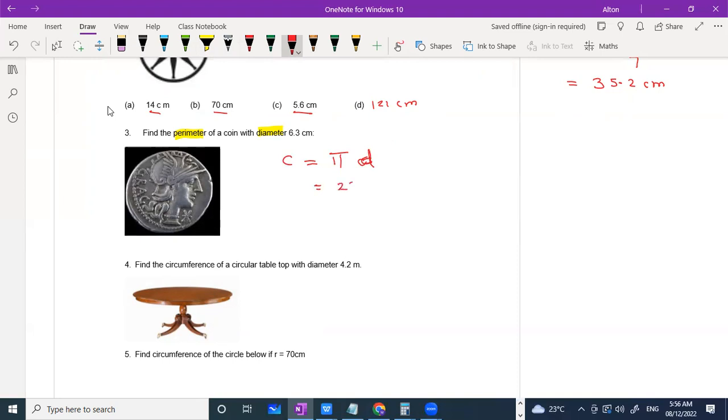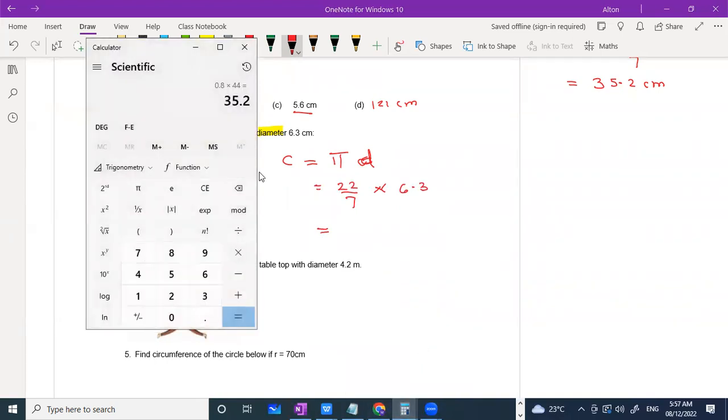So taking pi as 22/7, you multiply by your diameter, which is 6.3, and let's bring out our handy calculator for that one. So let's divide the 6.3 by 7.